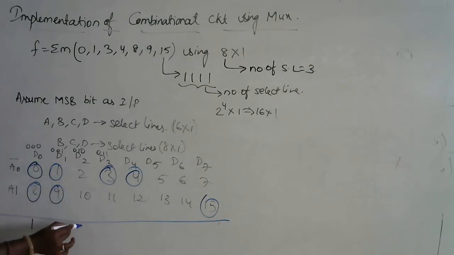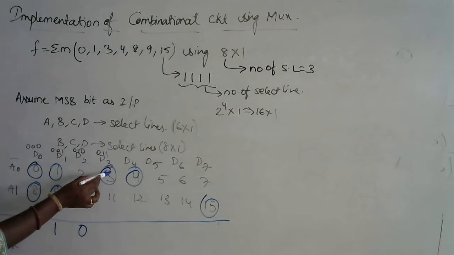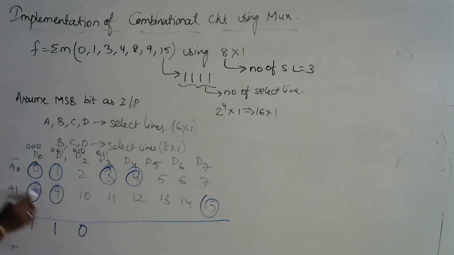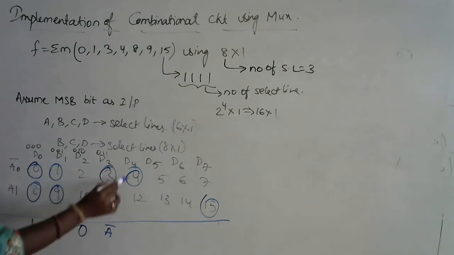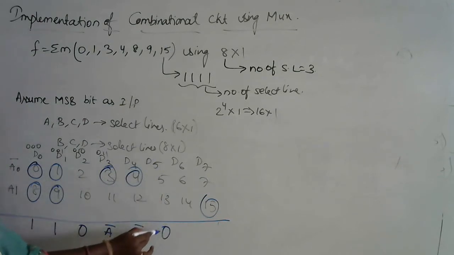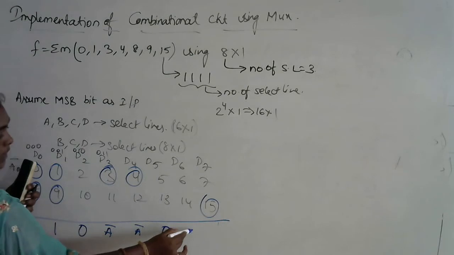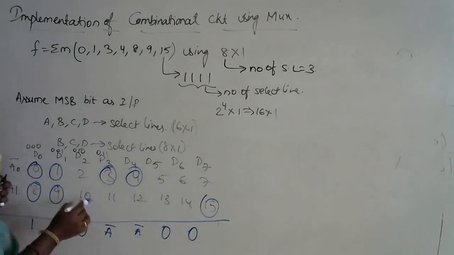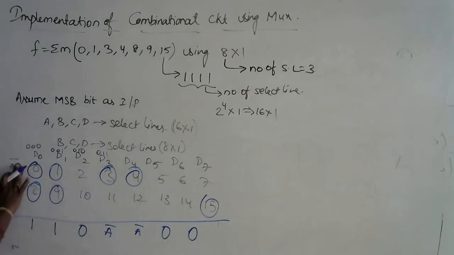None of them has circled 0. Whichever is circled, write down the corresponding row. A bar. This is also A bar. None of them has circled 0. None of them has circled 0. And this is A bar is 0. A is 1. Just in order to understand that.